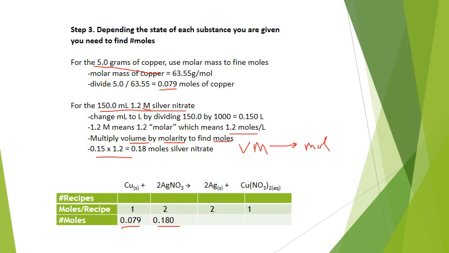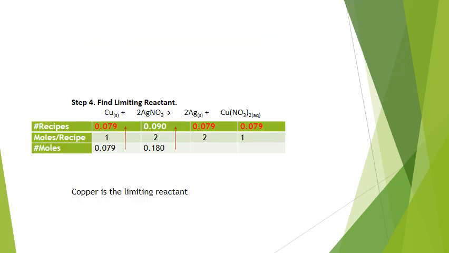Now what we have to do is figure out how many moles each one can produce. Then compare them, and the smaller number will go over on the product side, over here. Okay, time to find the limiting reactant.